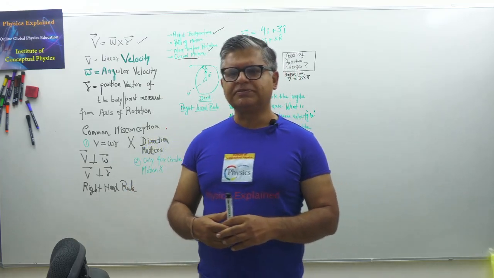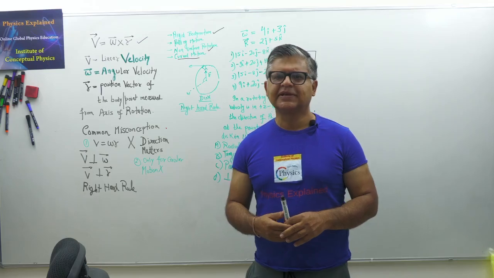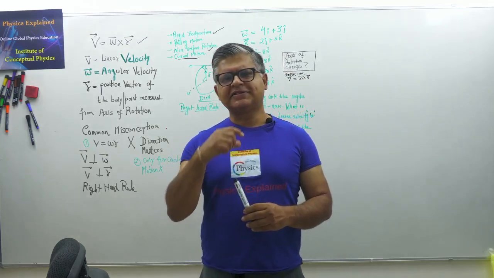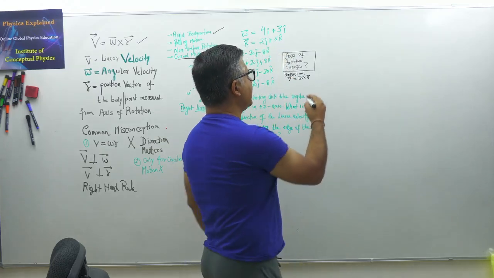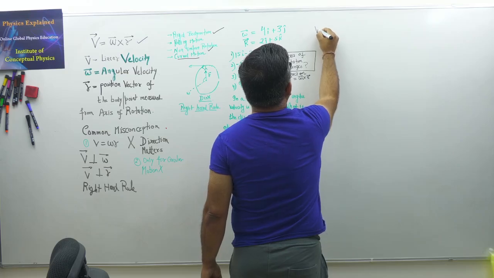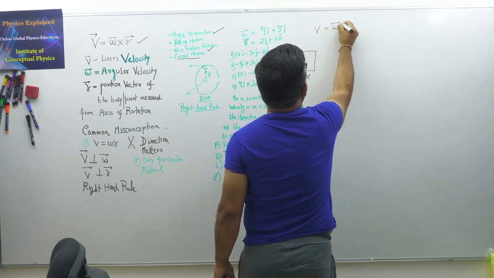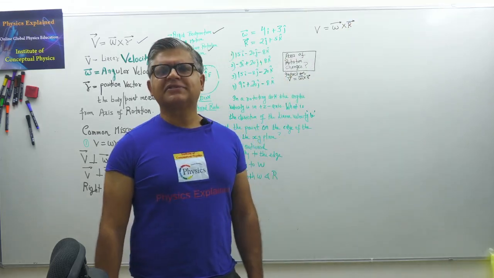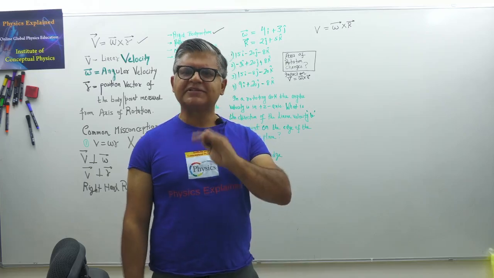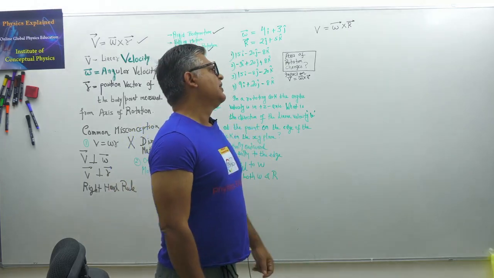In that situation, there is a special thing which is happening. V equals omega cross R is still applicable, but something special is going to be applicable here.